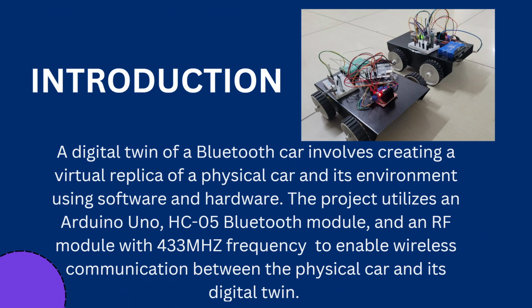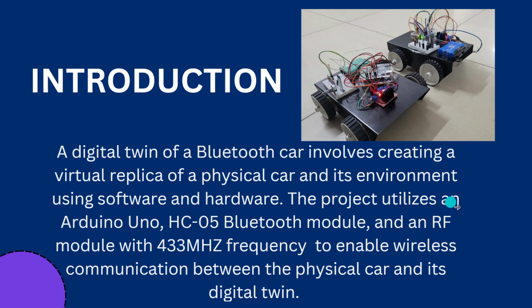This is a digital twin of a Bluetooth car. It involves creating a virtual replica of a physical car and its environment using software and hardware components. The project utilizes an Arduino Uno, an HC05 Bluetooth module, and an RF module with 433 MHz frequency to enable wireless communication between the physical car and the digital twin.